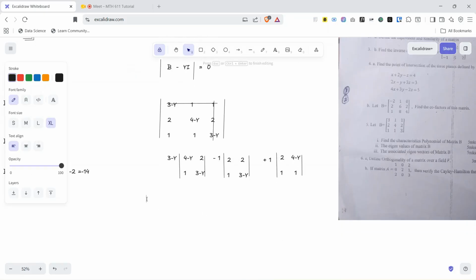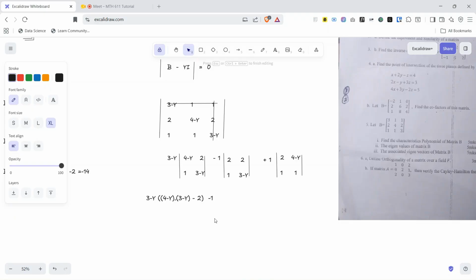So we are going to multiply this: 3 minus lambda into 4 minus lambda times 3 minus lambda, minus 1 times 2, 2.